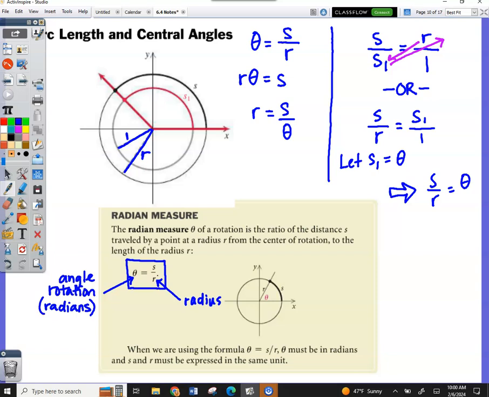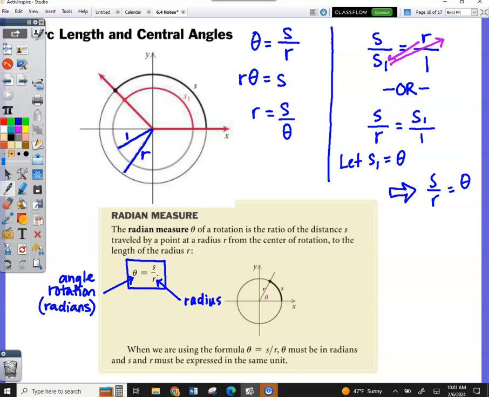If I'm going from degrees to radians, I would use that pi radians is 180 degrees. So the fraction you multiply by is either pi over 180 or 180 over pi. It just depends on what form you're trying to get to. The way you remember is it always matches the one you're trying to get to.